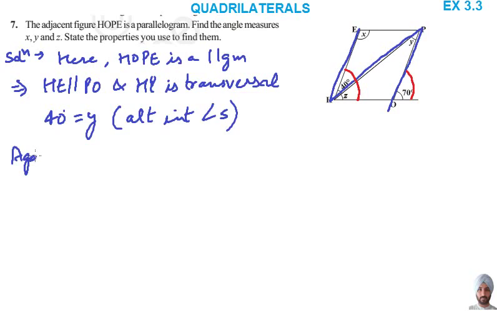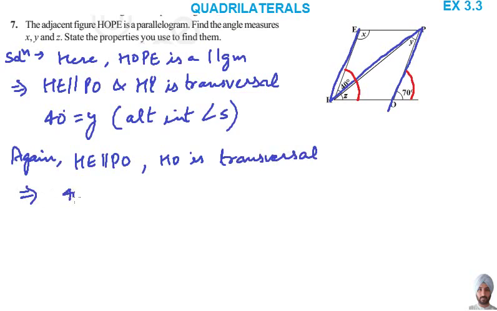Again, first of all, let me write the parallel lines. Again, HE is parallel to PO, and this time we're taking HO as transversal. This means that 40 degree plus Z, this angle is equal to this 70 degree.